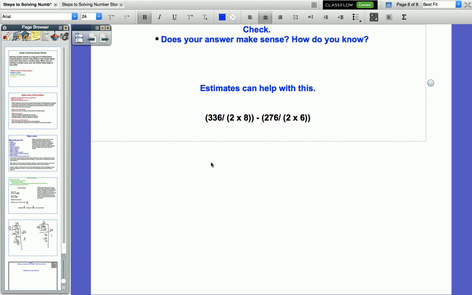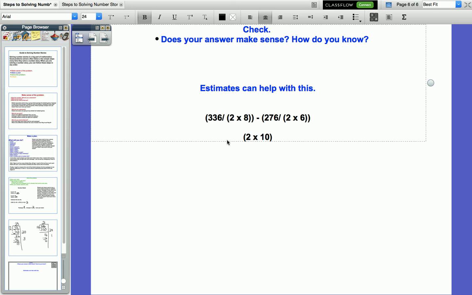So I'm going to change 336 to, let's see. I want to make it easy, so I know this one. I'm going to do the 2 times 8 first. So I'm going to do this one as 2 times 10. And I'm going to change 336 to 300.